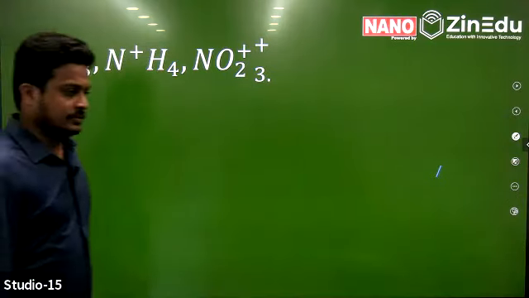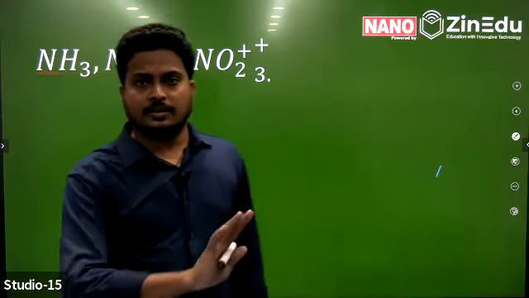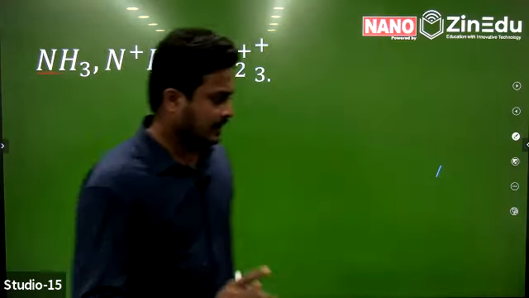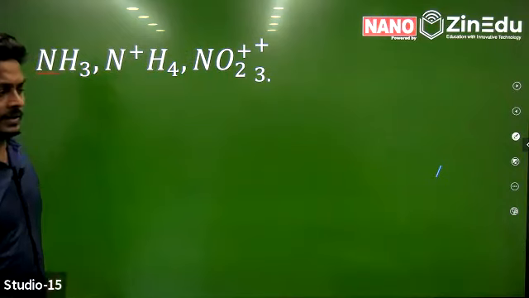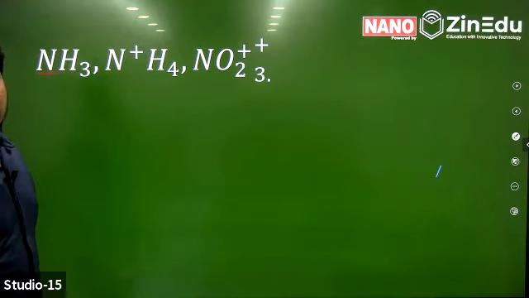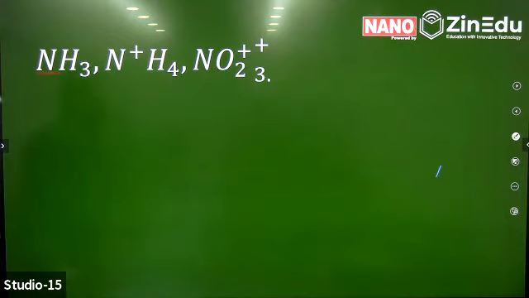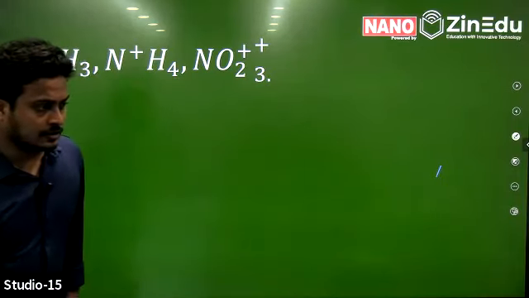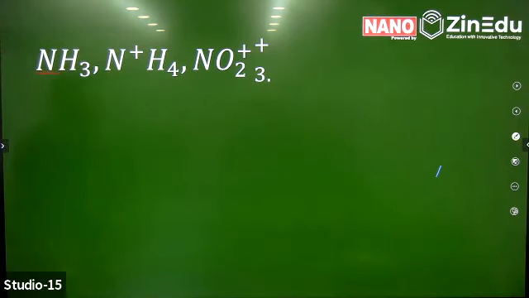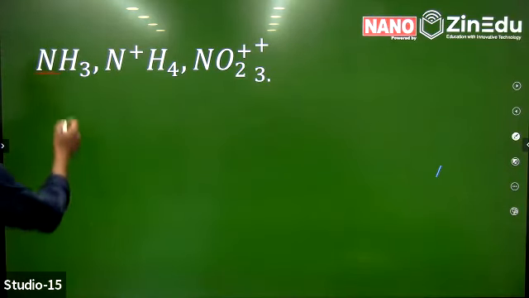Hydrogen never acts as a central atom, as I already told you. In ammonia we have only 2 types of atoms, nitrogen and hydrogen. So nitrogen acts as the central atom. Nitrogen belongs to which group? 5th A group element.